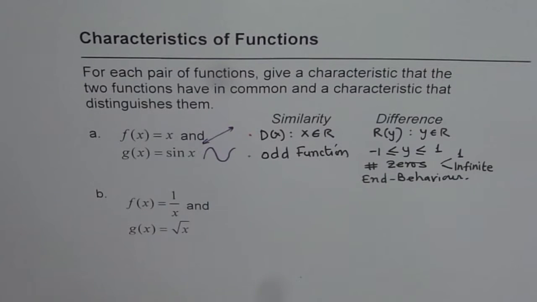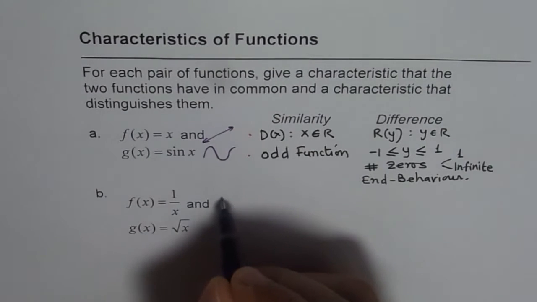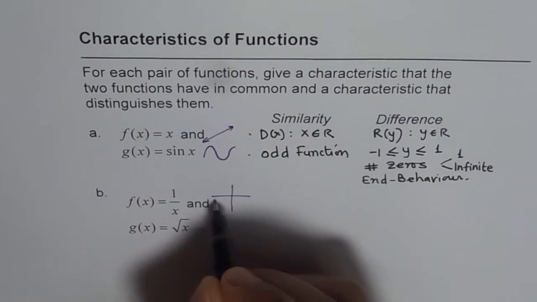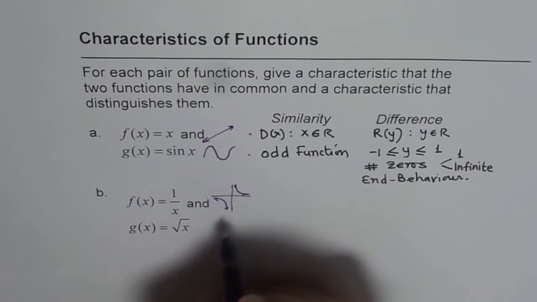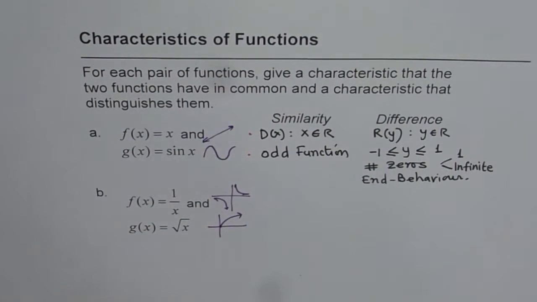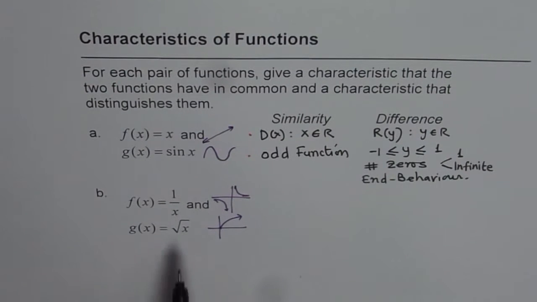Now let's look into the most difficult question here. f of x is a reciprocal function. g of x is a square root function, right? So this function is kind of like this, right? It helps when you sketch a function so that you can really figure out the similarities. If you see, there are actually no similarities between these two functions.